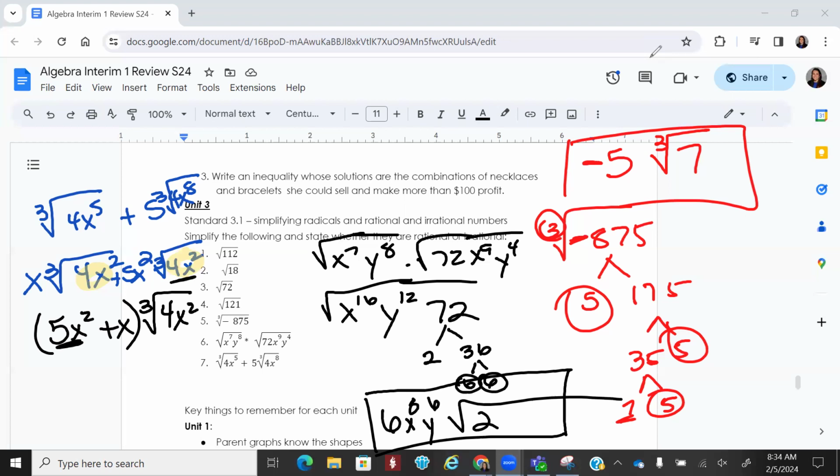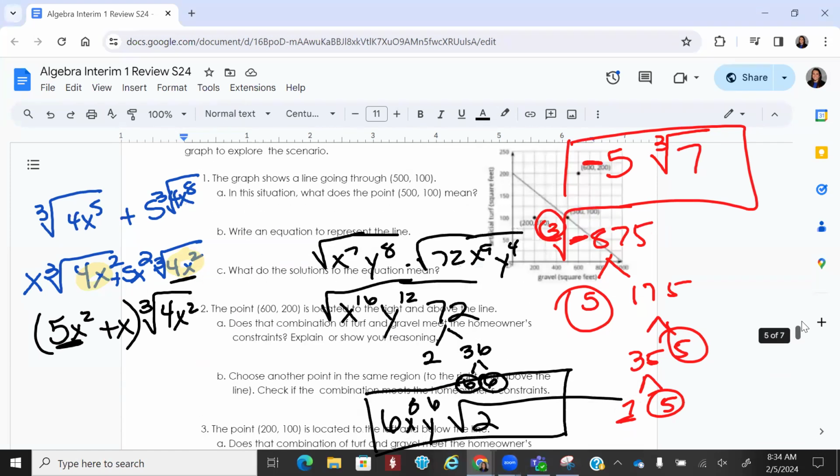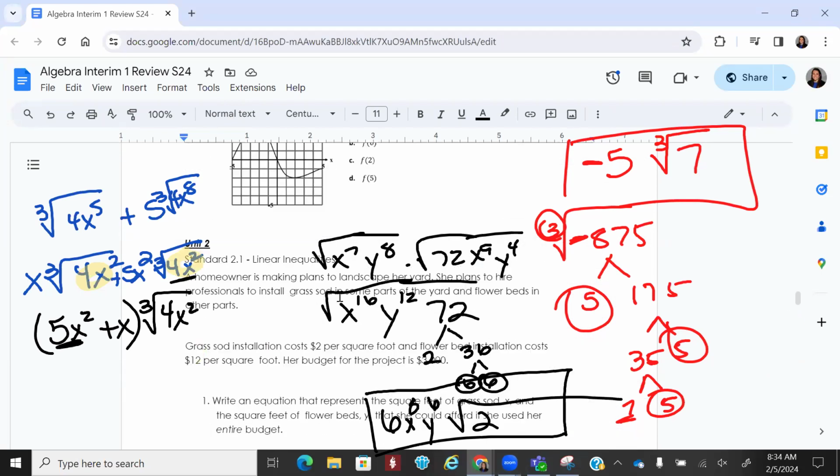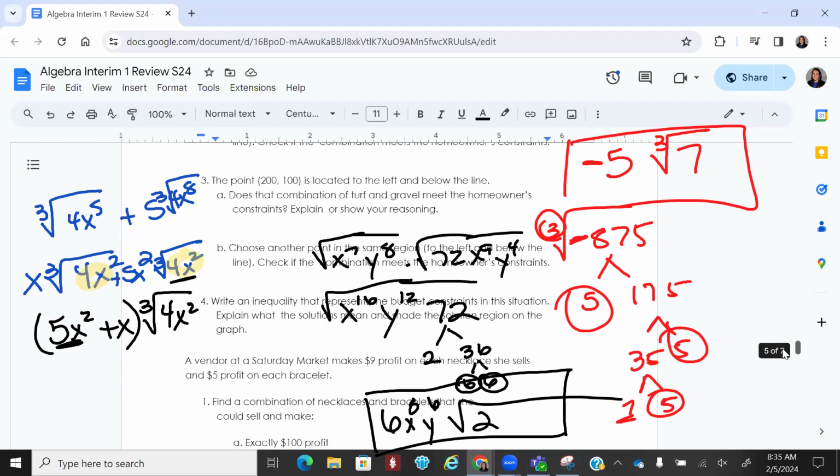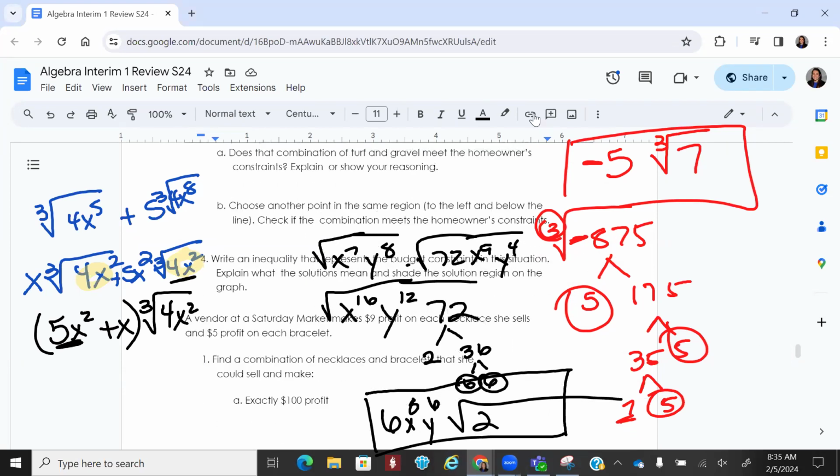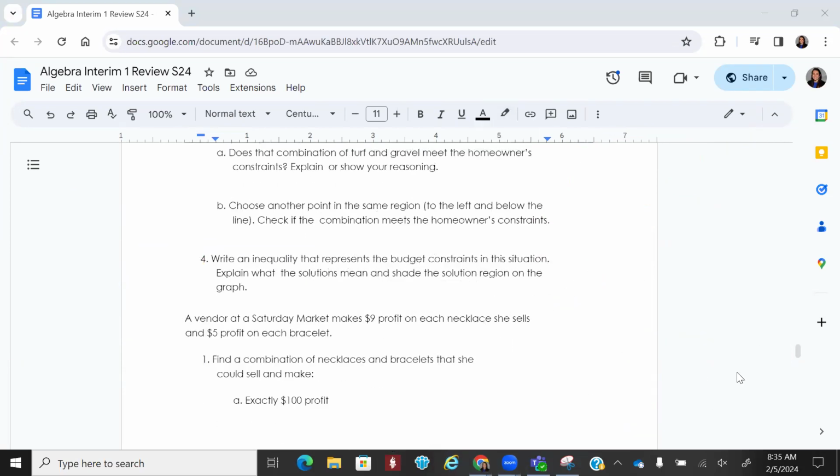What I'd like for you to do right now and even later tonight is go through unit 2. So going back up here, and if you already did this, great. You don't have any homework. But unit 2, I would start right here and start going through these problems. Again, that's where we had a lot of problems last semester.